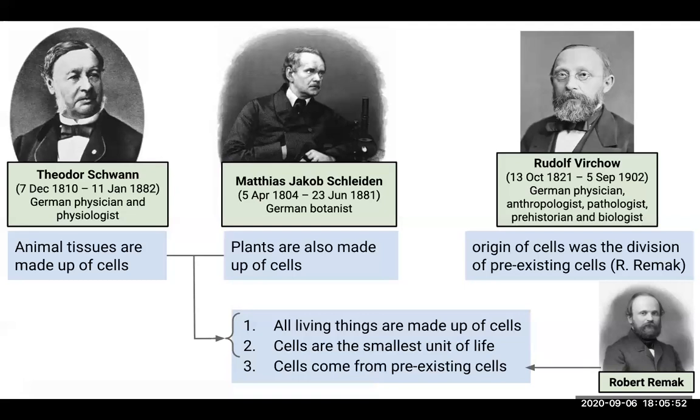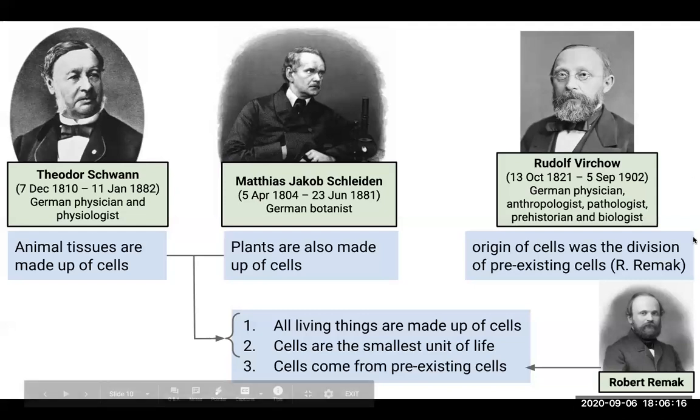Now, because of the influence that the Royal Society has in the industry of science, Robert Remak, although he made these amazing observations of how cells go through cell division and produce new cells, was not recognized for this, and his work was not well known because it wasn't published.